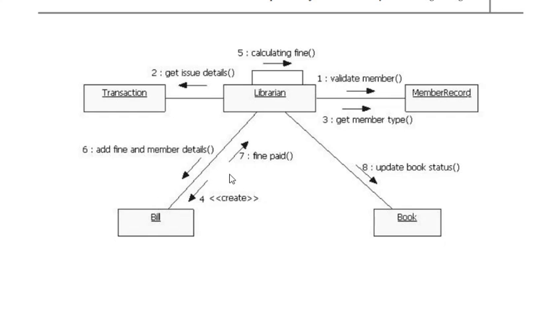The bill will be paid. Once the bill is paid, the book status will be updated. So this is the sequence of interaction that takes place between various collaborators whenever the librarian is trying to realize a scenario of receiving a book, right?